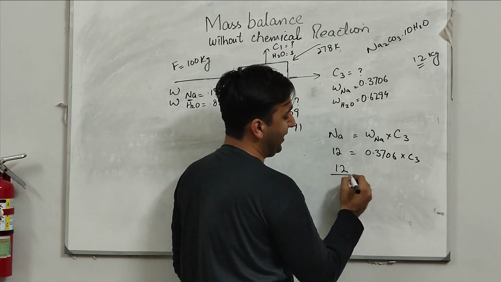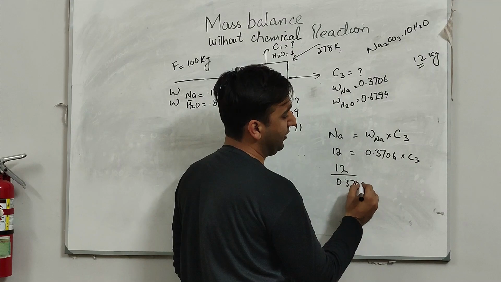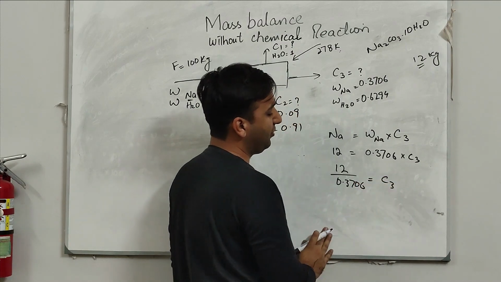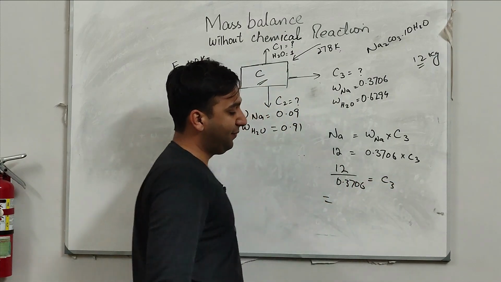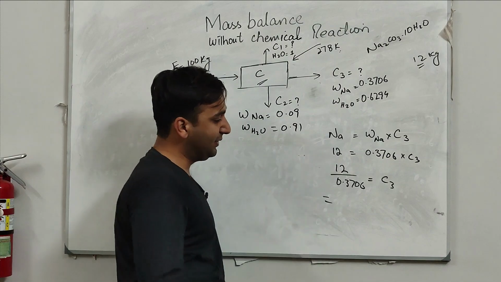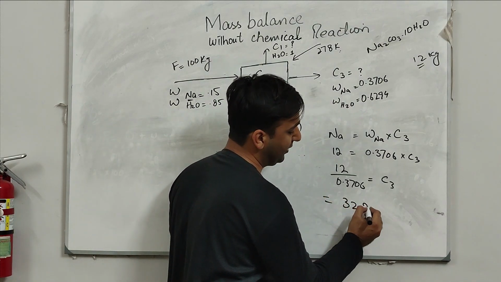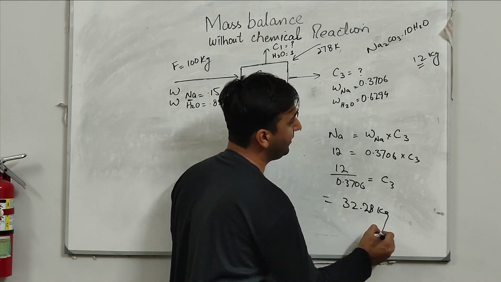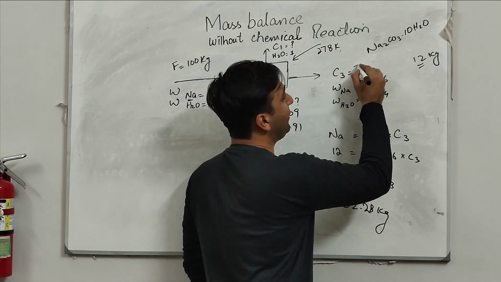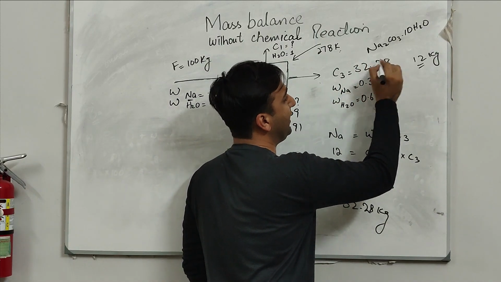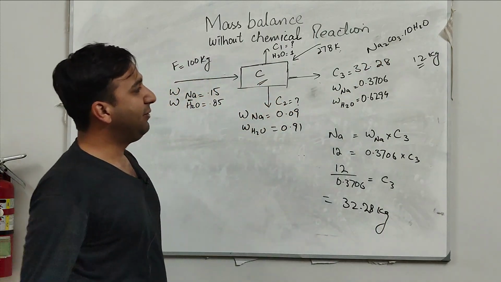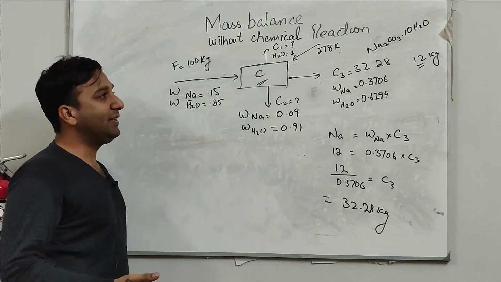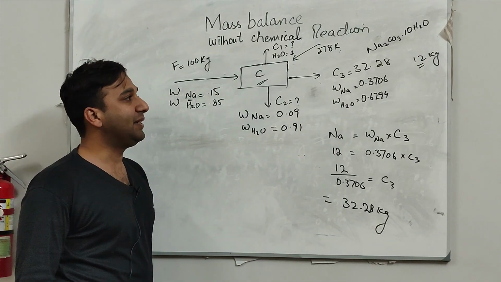So 12 divided by 0.3706 is C3. So now if you solve it, you can find the amount of C3, that is 32.28 kgs. So in this way we have found another unknown value that was present.